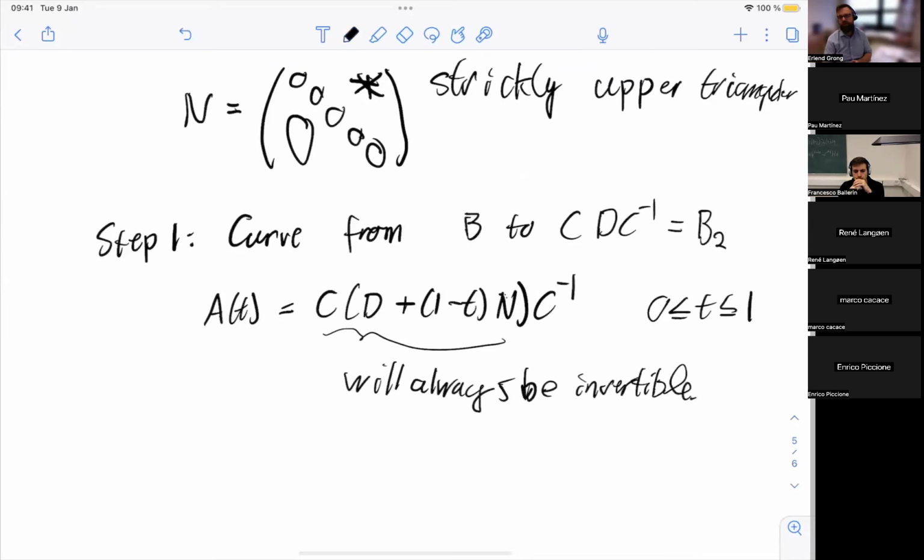And what is the trick when dealing with all of these matrices, right? Because you can connect any matrix to any matrix by just doing a linear interpolation, right? So connecting them in R^(n squared plus 2). But the problem is that you have no guarantee that the matrix will remain invertible if you're doing that interpolation.